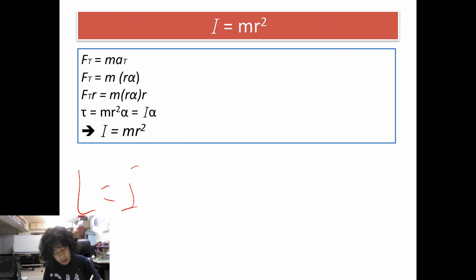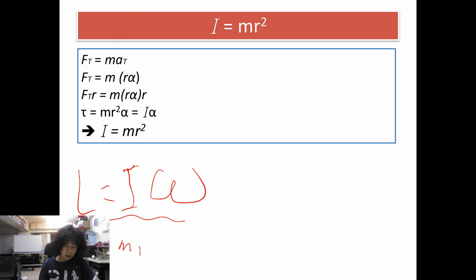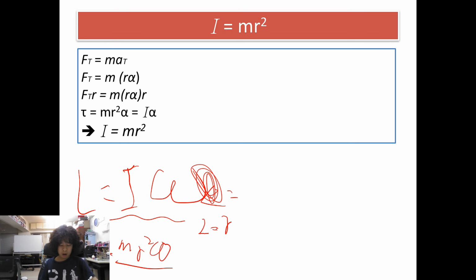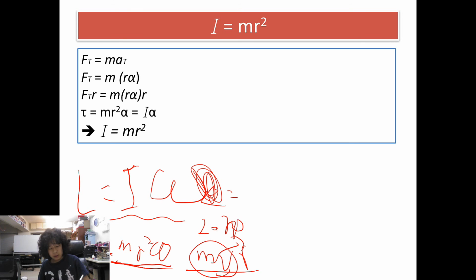L equals I omega. So this is I omega, because it's m r squared omega. And remember what this equals to? L equals r p, right? So R omega, so it's m v r, and m v equals p.